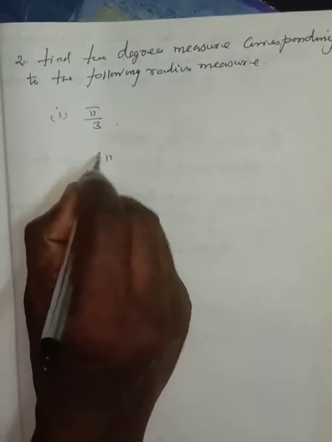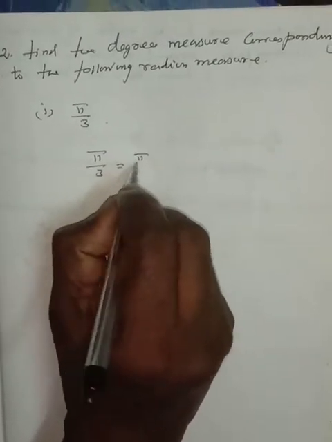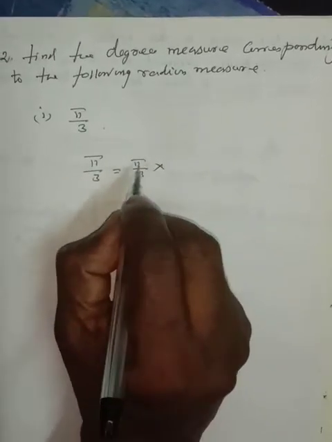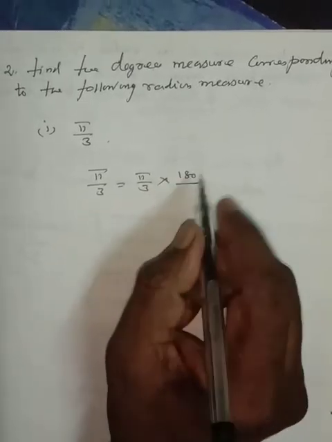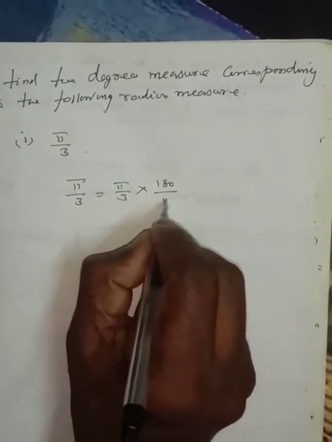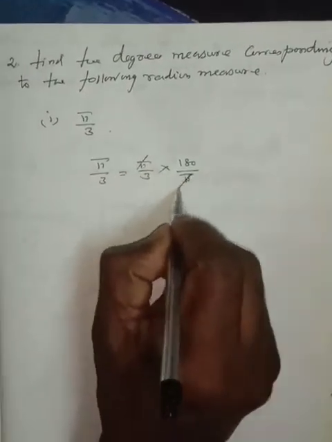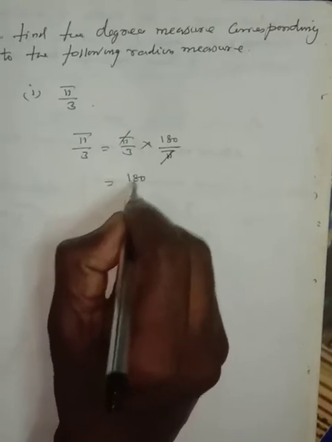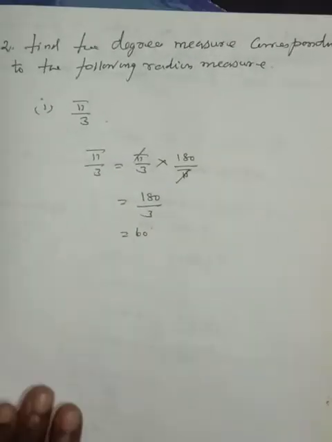Pi by 3 is equal to pi by 3 into 180 divided by pi. Pi cancels. 180 divided by 3 is equal to 60 degree.